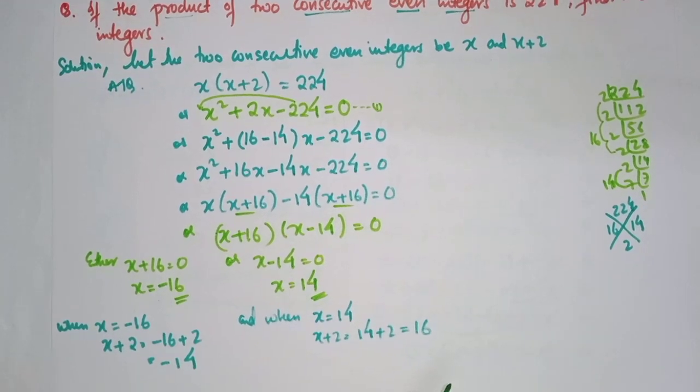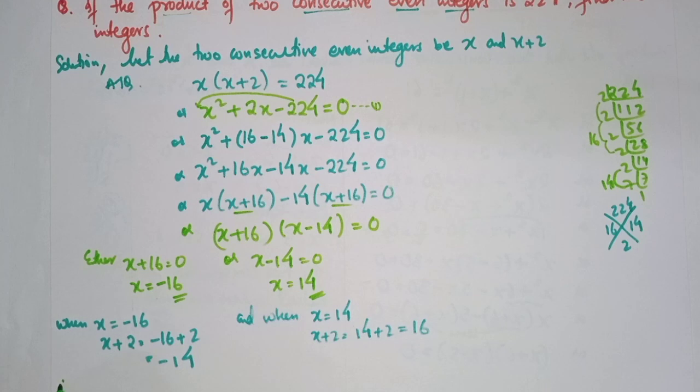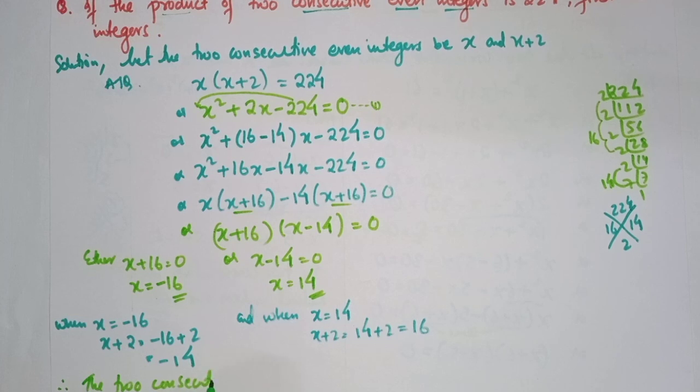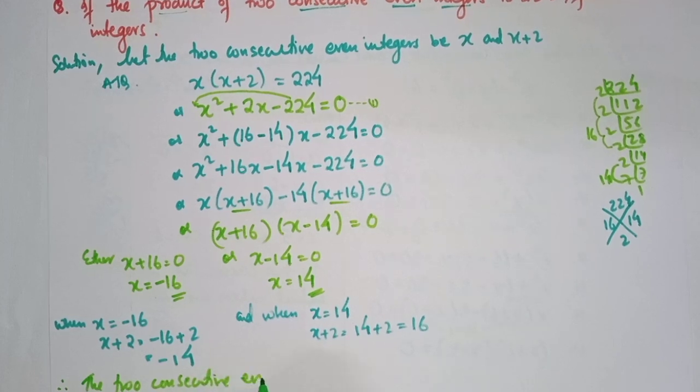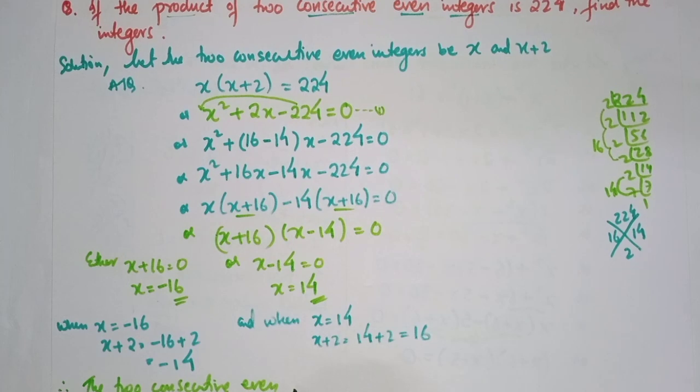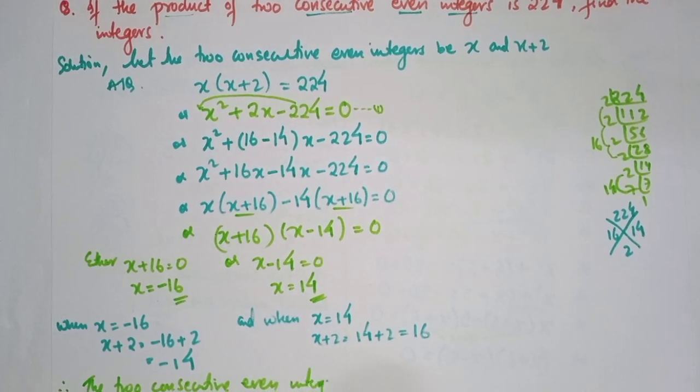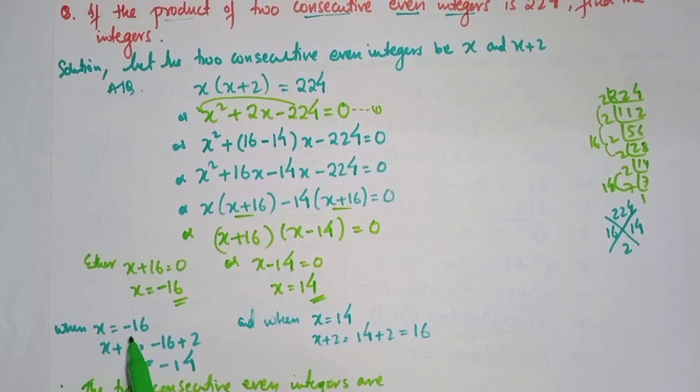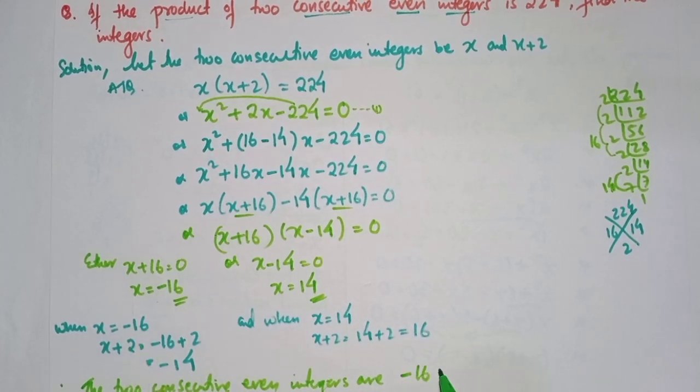So therefore the two consecutive even integers are, what did we get? Minus 16 and minus 14.